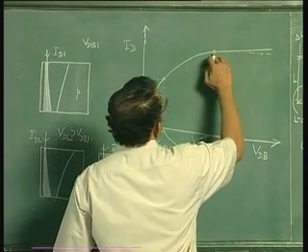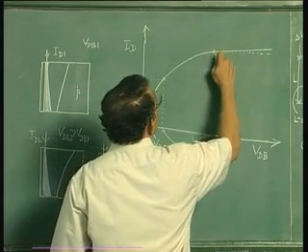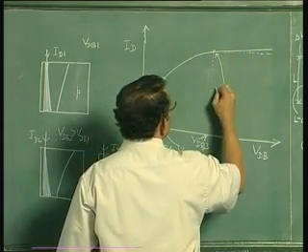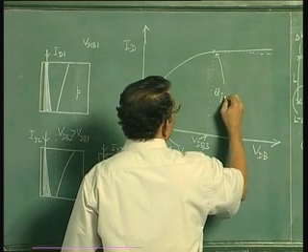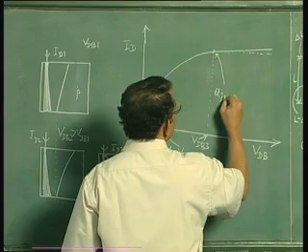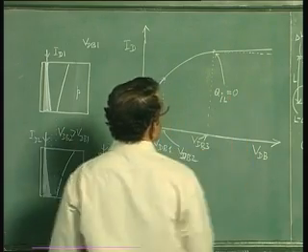So ultimately at some point the inversion charge becomes 0 at the drain. So this corresponds to the condition when Qi at y equal to L, QIL, is equal to 0.